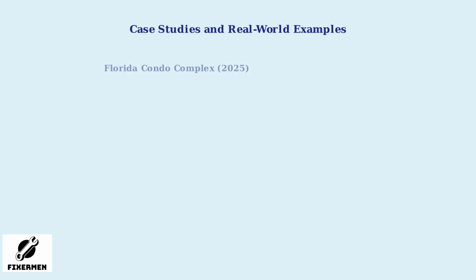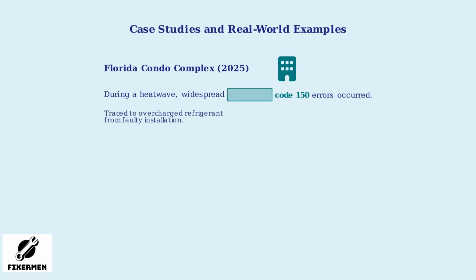Let's examine some real-world examples of code 150 occurrences. In 2025, a Florida condo complex experienced widespread code 150 errors during an intense heat wave. The root cause was overcharged refrigerant resulting from a faulty installation. By draining and recharging the refrigerant, along with installing smart monitoring systems, they achieved a 50% reduction in system downtime.